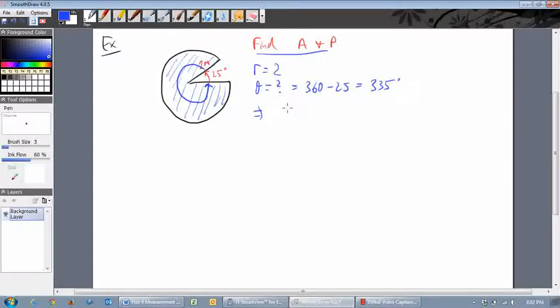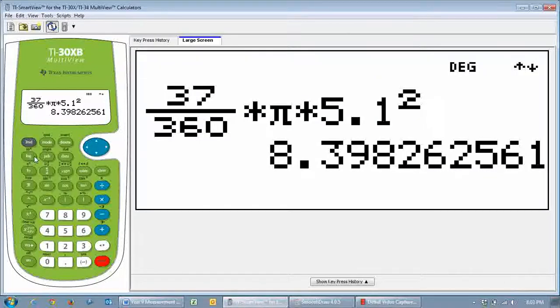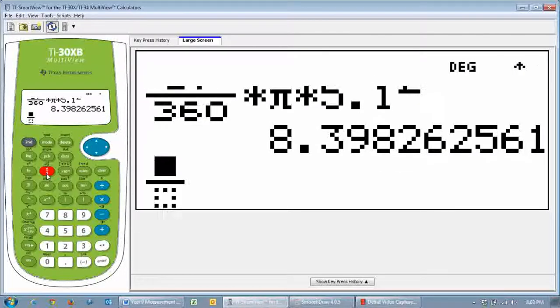Good. So therefore, area is equal to theta over 360 times pi r squared, which is 335 over 360 times pi times 2 squared. Into the calculator, fraction 335 over 360.